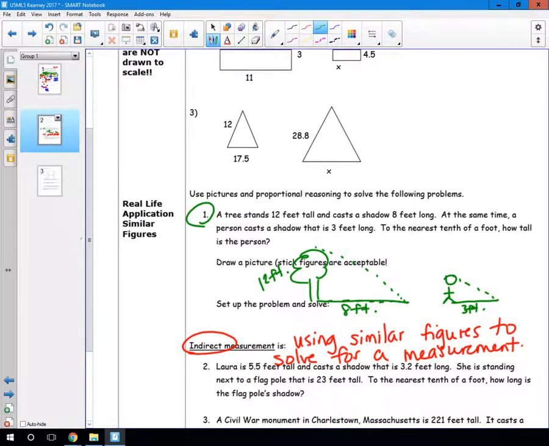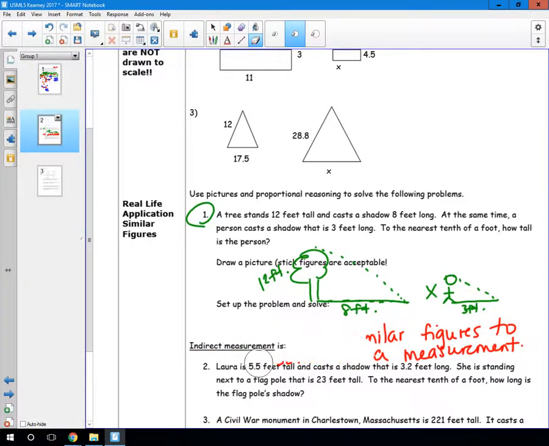We want to know how tall is the person. So you obviously can see that the tree is forming a right angle with the ground, and you are forming a right angle with the ground. So you've got two figures that are similar. The angles are the same, the shape is the same, and the sides are proportional. So we can simply use a proportion to solve for the missing piece.